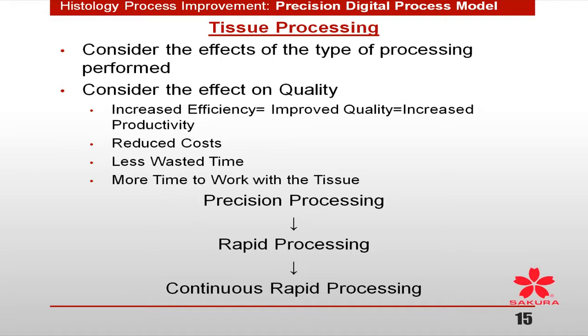You get less wasted time. Less wasted time means that if you process your tissues appropriately and to that type of tissue, you're not going to have to spend a lot of time cutting it. You're going to be able to make your stains the most efficient. You're not going to have all of that wasted time, which is also not value-added time. And I'm trying not to get into too many lean terms, but from the moment it walks into your laboratory to the moment that the pathologist reviews it, you want to touch it only once, or only touch it when you add value.